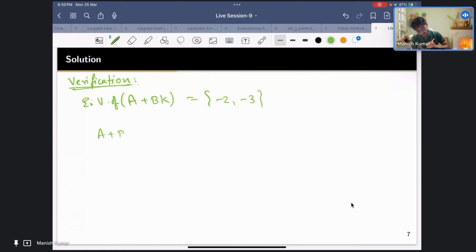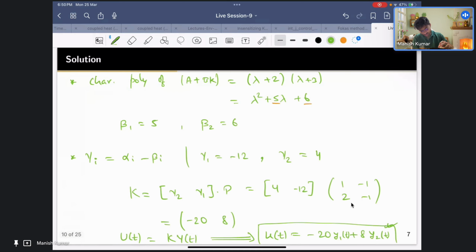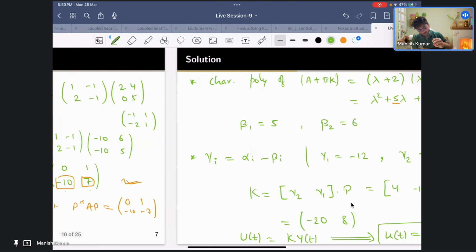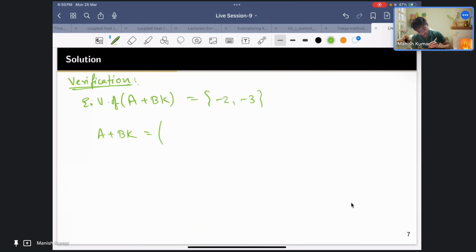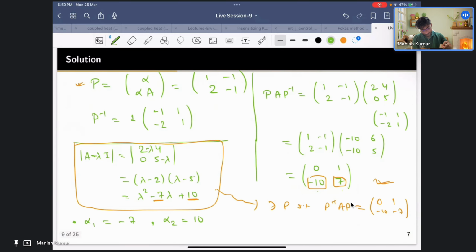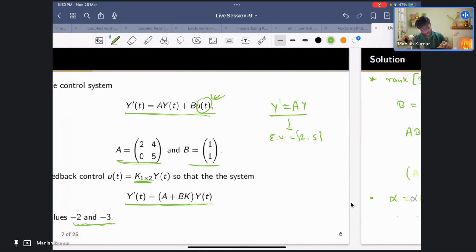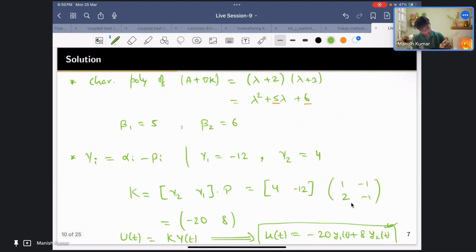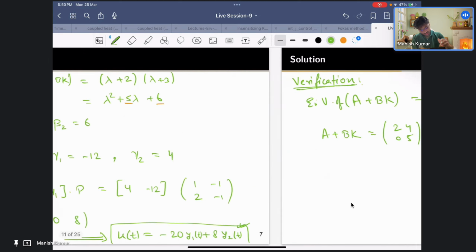So A plus BK is given by, so A was 2, 4, 0, 5, B is 1, 1, 1, 1, and your K is minus 28.